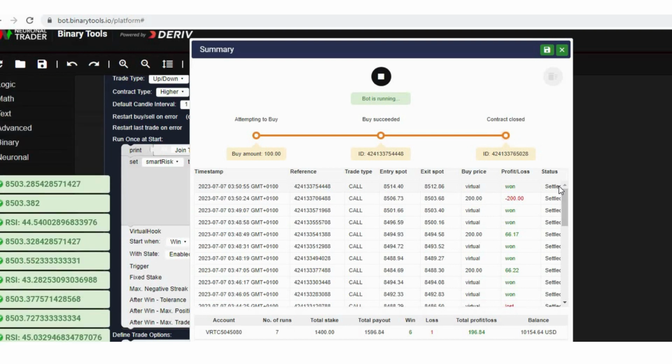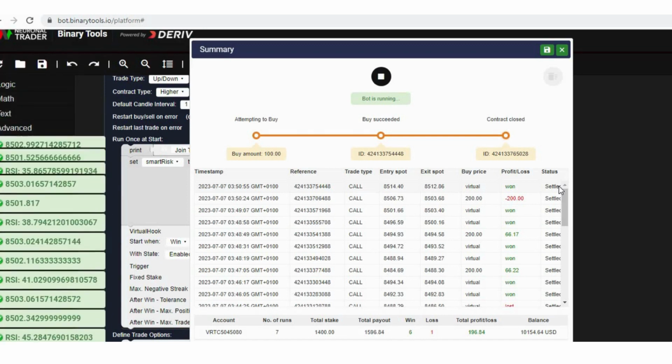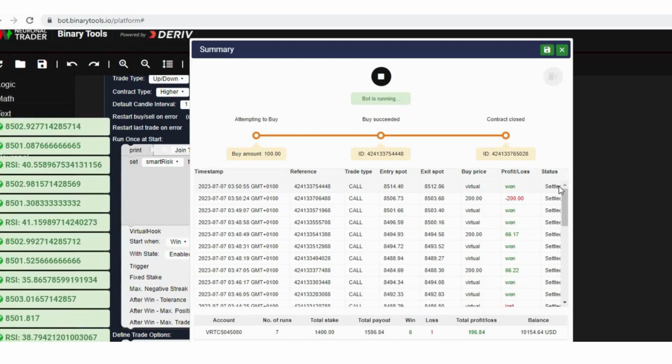Don't repeat a strategy 2 or 3 times in a row. You can use it once, twice maximum, and then use another strategy, then another one.